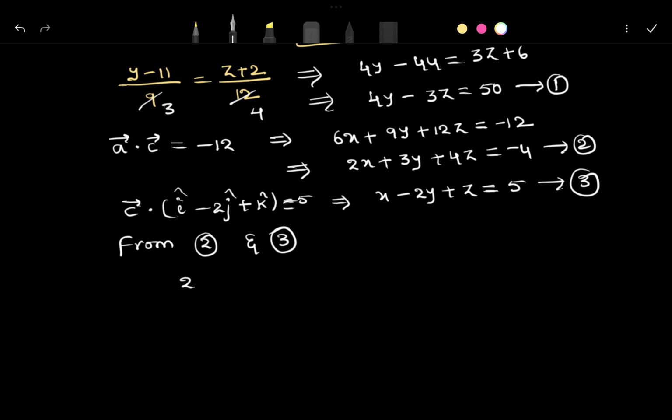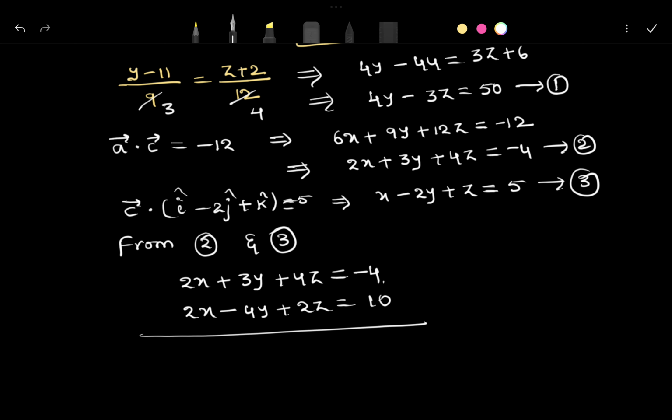Here, 2x plus 3y plus 4z is equal to minus 4. And the third equation you multiply with 2, that is 2x minus 4y plus 2z is equal to 10.